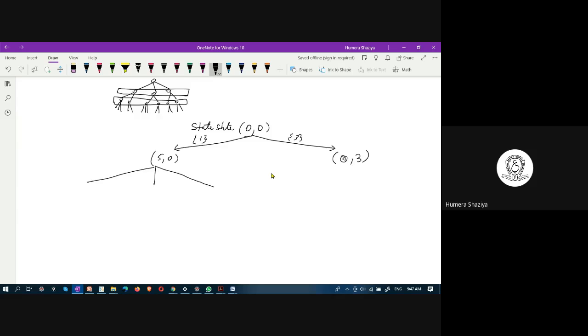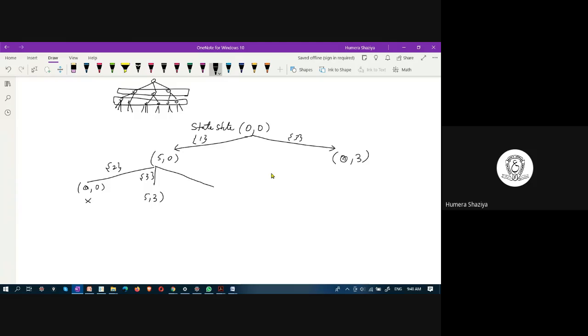You expand this state in which it is 5 comma 0. After expanding, here you get 0 comma 0, which is again a start state, which therefore cannot be further explored and has to be stopped. Exploration should not continue from that point.